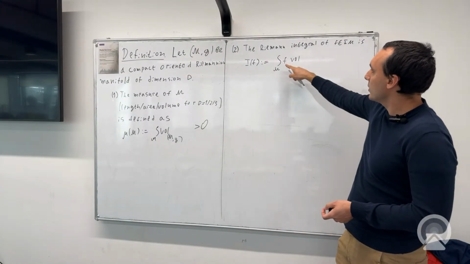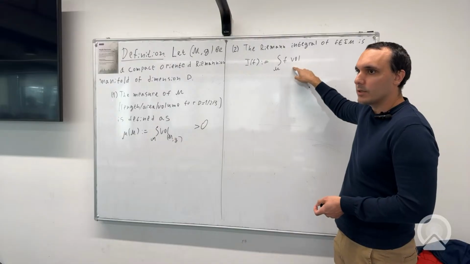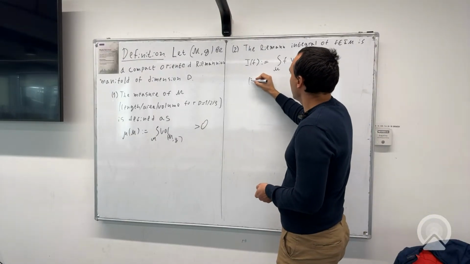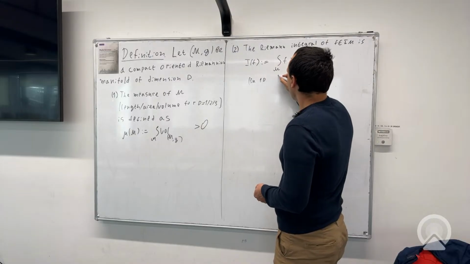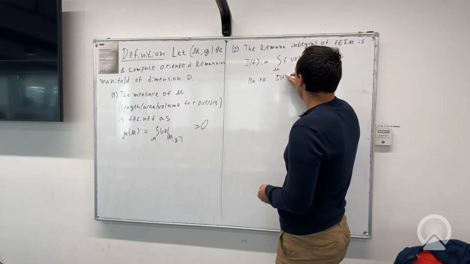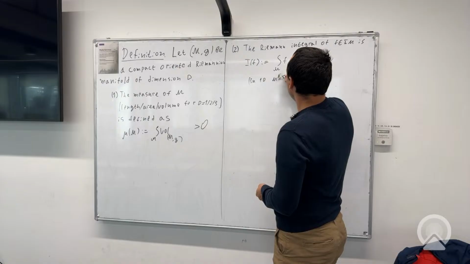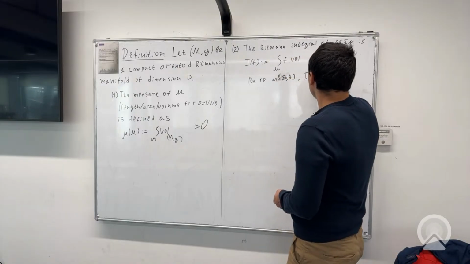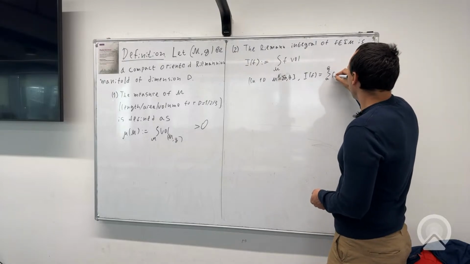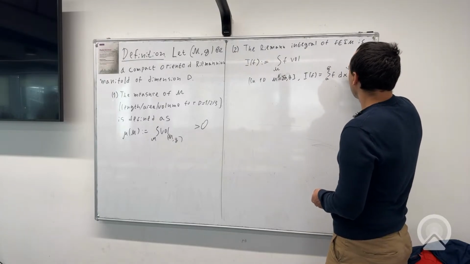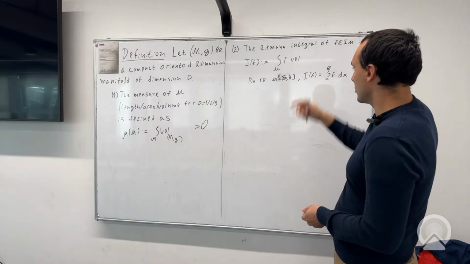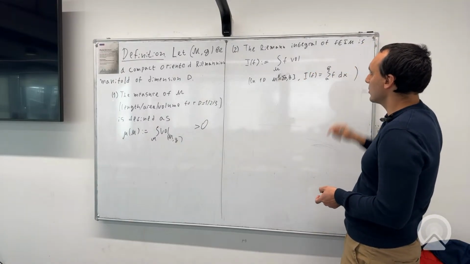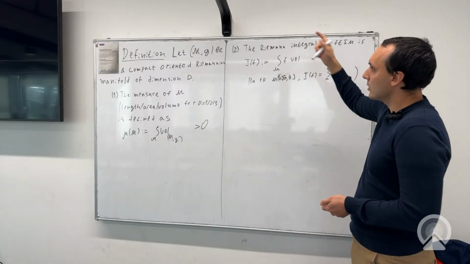So in 1D, this will be f times dx, volume will be dx. So in 1D, this is I of f, and M is the interval [a, b]. I of f is the integral from a to b of f dx. So this is a generalization. In 2D, we have dx dy, and this should be a two-dimensional interval, and so on. But this works for curved manifolds as well.